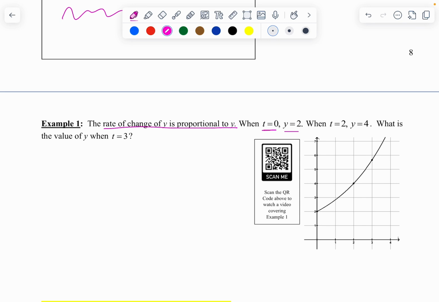Well, knowing that it is the exponential growth model, we know that we are going to be using y equals c e to the kt. This right here is a very important statement. Without understanding that this statement is the exponential growth or decay model, you won't know to use that equation.